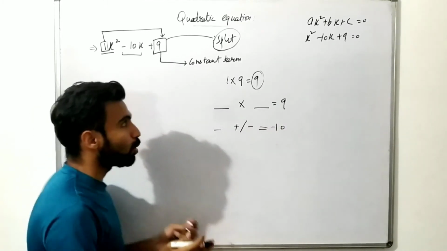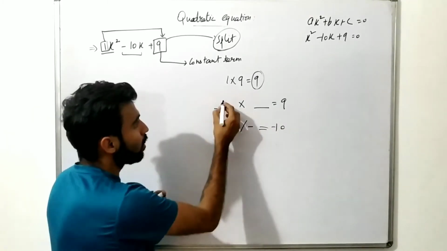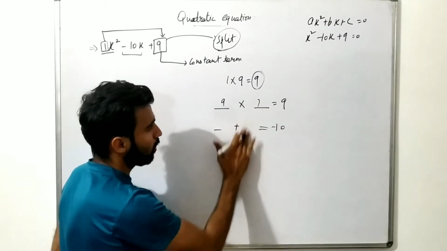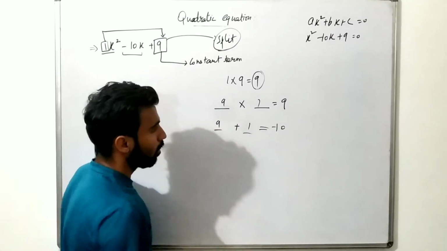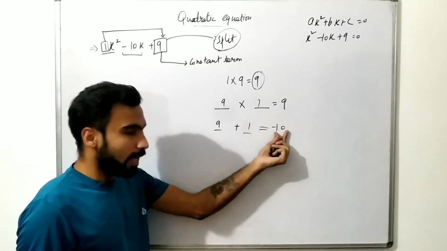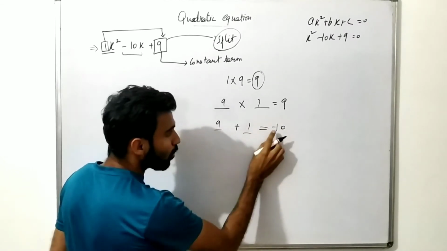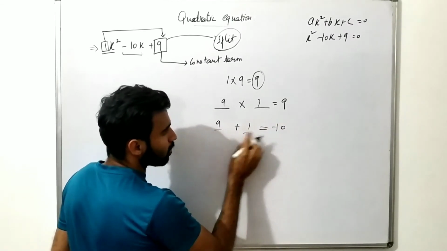Now how you will do it is, you can see here 9 into 1 is 9, but if I simply add these 9 and 1, what you will get is 10 here. But you can see the minus sign here. So how will you make this minus here?